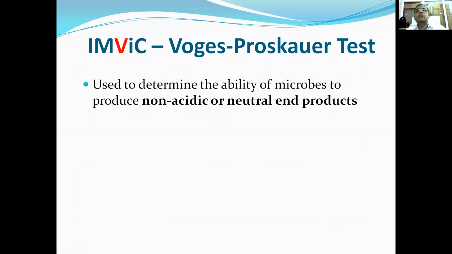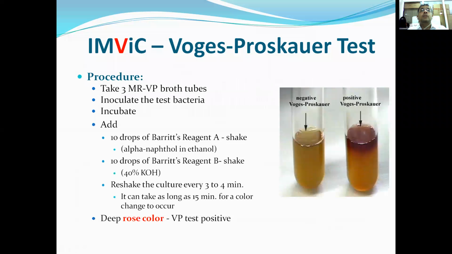If we can demonstrate the presence of a neutral end product, then we can say the VP test is positive. On the next day we have to add 2 reagents. First, Barritt's reagent A, which generally contains alpha naphthol, followed by Barritt's reagent B, which contains 40% KOH.